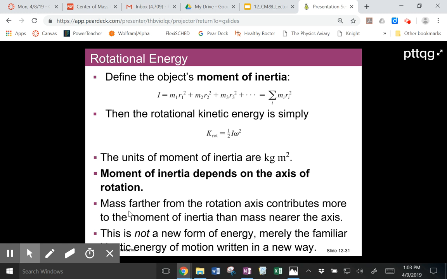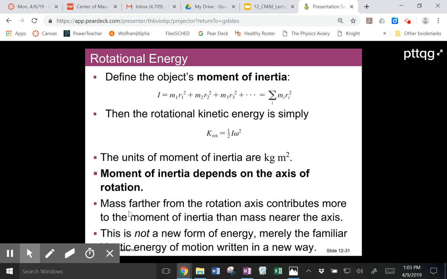But again, it's not any different really than the 1/2 mv squared kinetic energy we were dealing with previously. It's just now we have flavors of kinetic energy. We have one kinetic energy that's due to the translational motion, and another type of kinetic energy that's due to the rotational motion. So if something's doing both of those things, we've got to account for both of them.